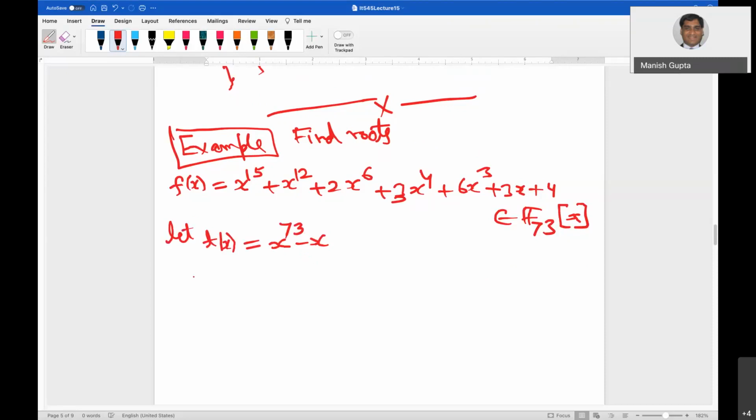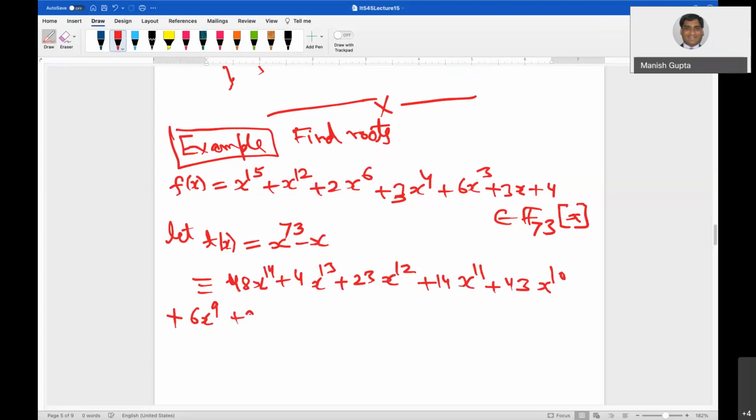It turns out that this is nothing but 48 times x raised to 14 plus 4 times x raised to 13 plus 23 times x raised to 12 plus 14 times x raised to 11 plus 43 times x raised to 10 plus 6 times x raised to 9 plus 9 times x raised to 8 plus 72 times x raised to 7 plus 65 times x raised to 6, 67 times x raised to 5, 33 times x raised to 4 plus 39.